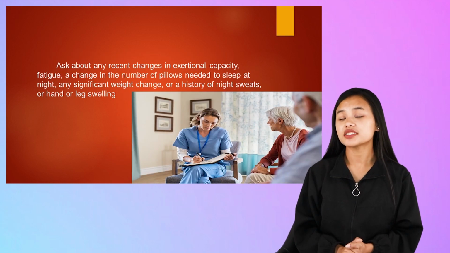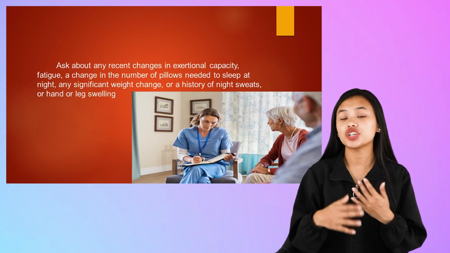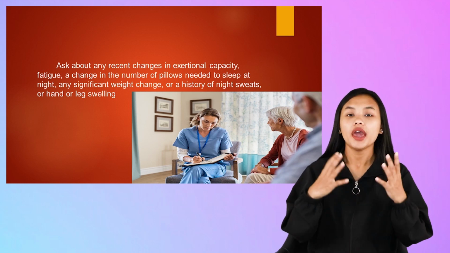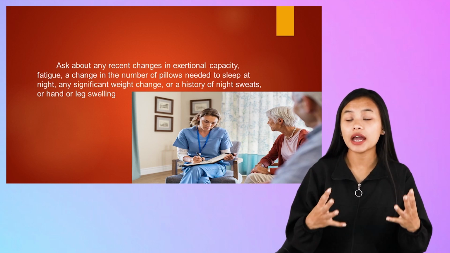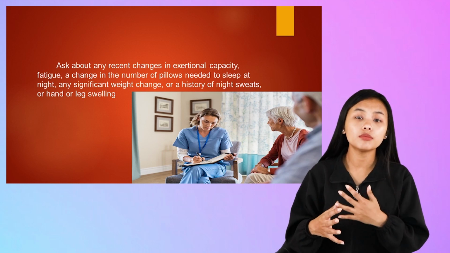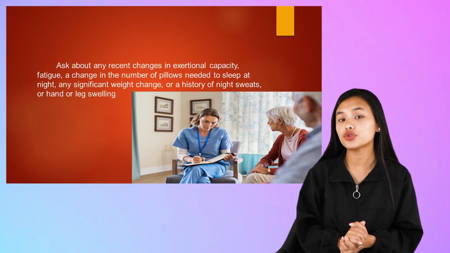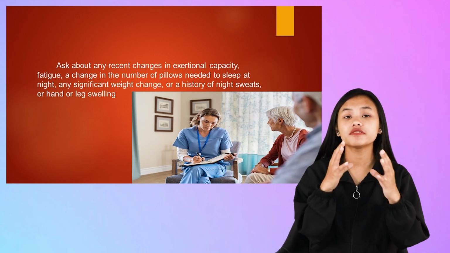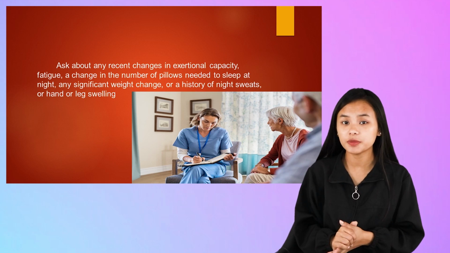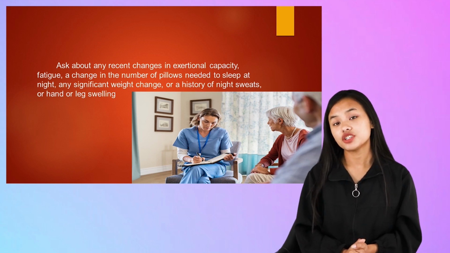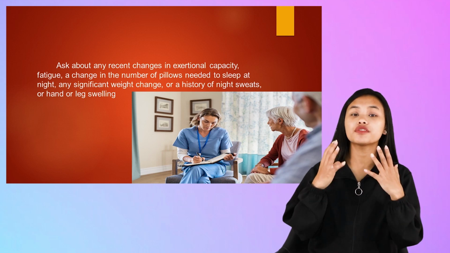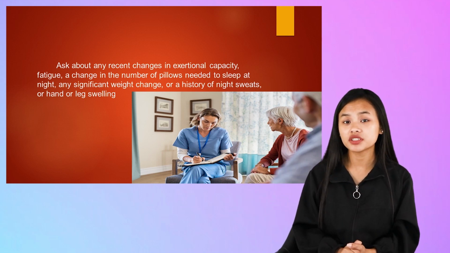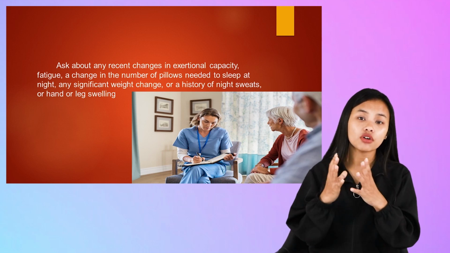You should also ask if there are any recent changes in their exertional capacity, if they are feeling fatigue, and if they require more pillows in order to relieve dyspnea, or difficulty in breathing, when they are sleeping. Also ask if there is a significant change in the weight of the client, a history of sweating at night, or swelling in their hands or legs.